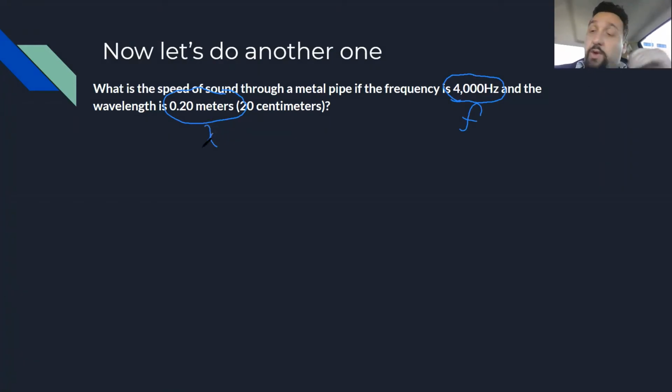Now that we have our knowns, we need our formula. The speed of sound formula is velocity is equal to wavelength times frequency. Third step, put the knowns in the different parts of the equation. Velocity is equal to, we don't have anything for velocity, wavelength. Wavelength is 0.2 meters.